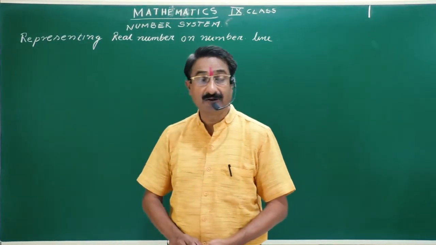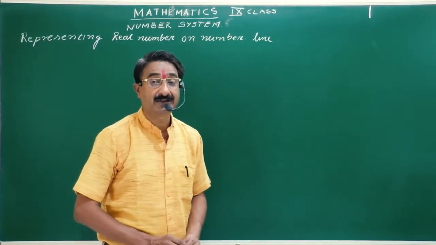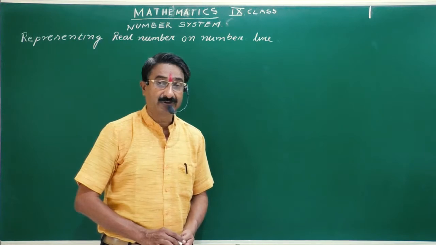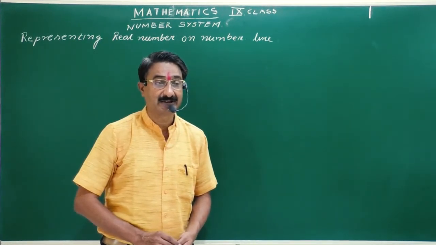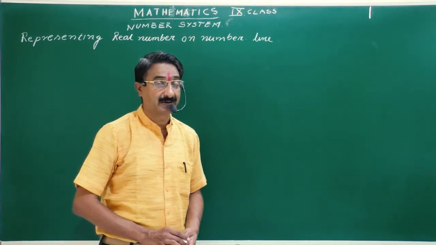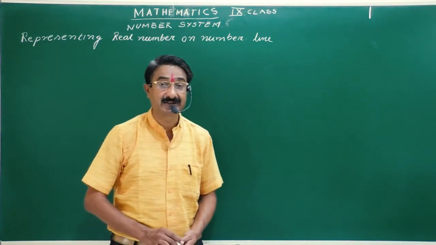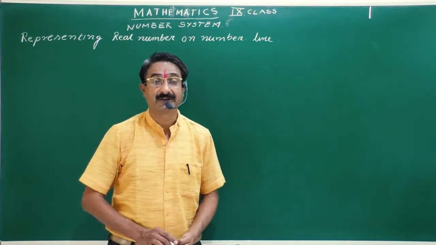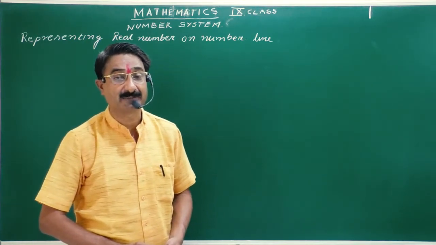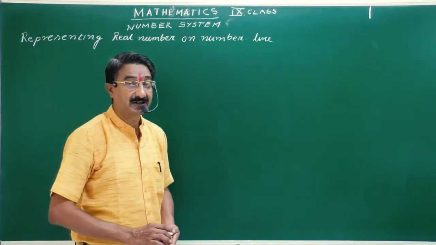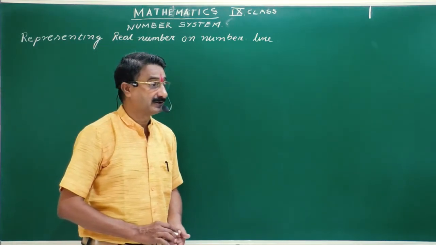Now, how to mark any number on the number scale? 1, 2, 3, 4, 5 you can mark very easily, there is no problem in that. But if the real numbers, that is the rational numbers or decimal numbers, have to be represented on the number line, how can we represent them?